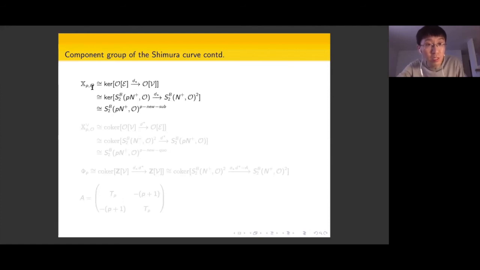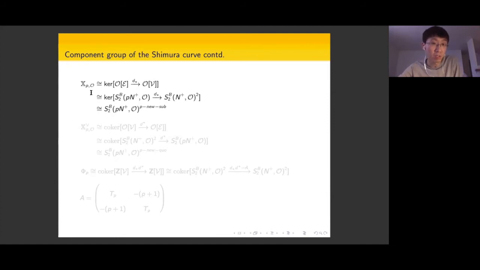So the way to think about the character group is, since the edge set is given by the space of quaternionic modular forms of level Pn plus, there are 2 natural degeneracy maps from this space of modular forms to the space of modular forms without P in it. And the character group can be thought of as the kernel of the sum of the natural degeneracy maps.